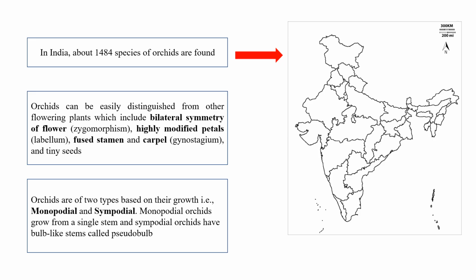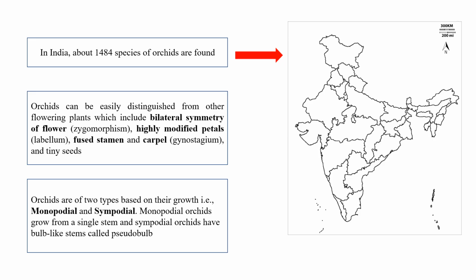For their ornamental value, they are used as top cut flowers, for industrial purposes, and for their beauty, fragrance, and longevity. They are also used in hybridization, which has led to the development of many new varieties. So these are the ornamental values of orchids.